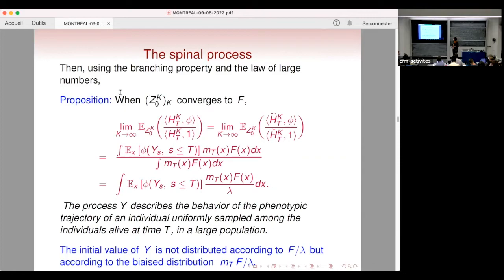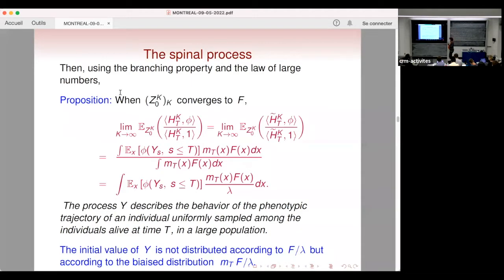So you can prove that, on the assumption that Z_0^k converges to f, the stationary distribution, the limit of this expression, which describes our individual picked at random at time capital T, is exactly this quantity. We integrate the numerator and the denominator by this measure M_t(x) f(x) dx.